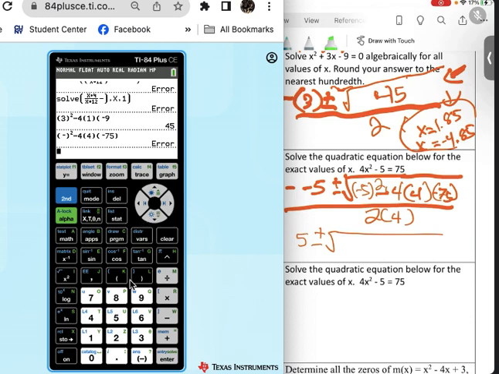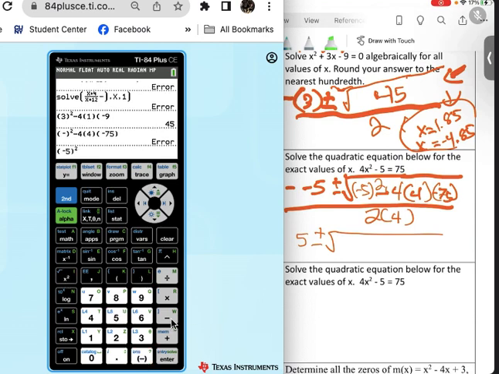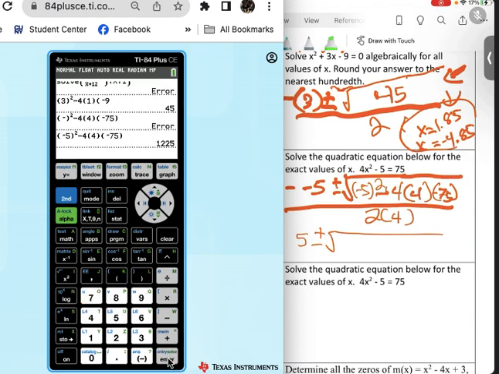Ah, I see. So we have negative 5 squared minus 4 times 4 times negative 75, and that gives us 1125 over 8. Okay? So this whole thing over 8.